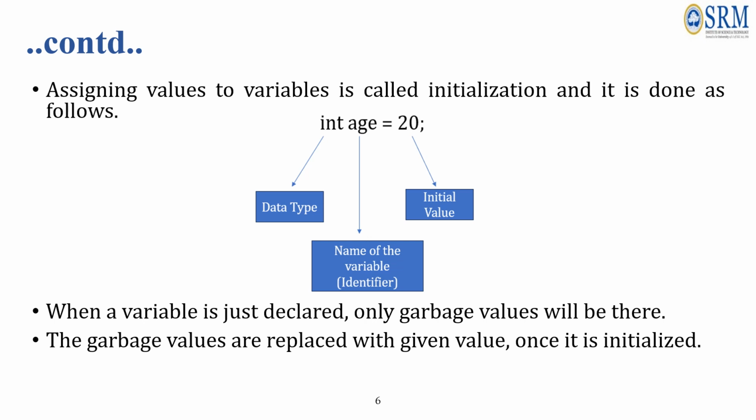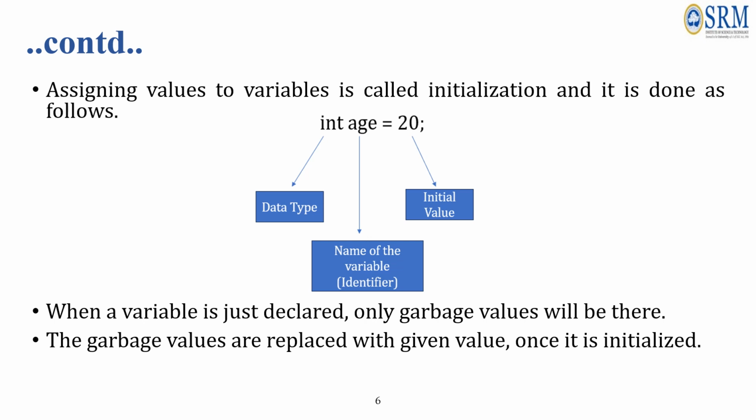We can initialize variables while they are declared. That is called initialization. Here, int age equal to 20 is an initialization, where int is the data type, age is the variable name, and 20 is the initial value assigned to the variable age.